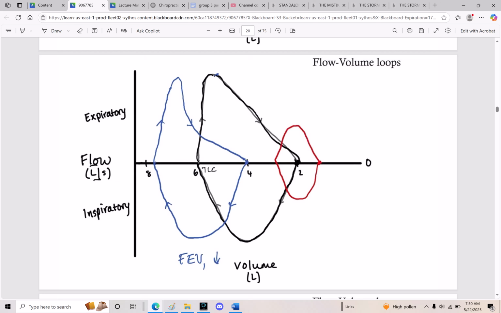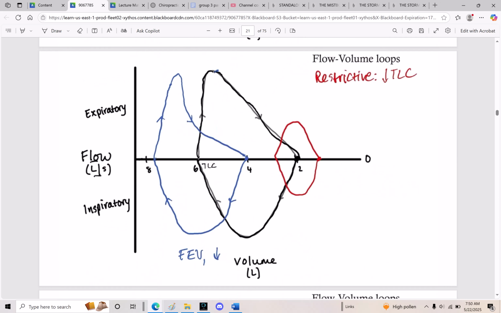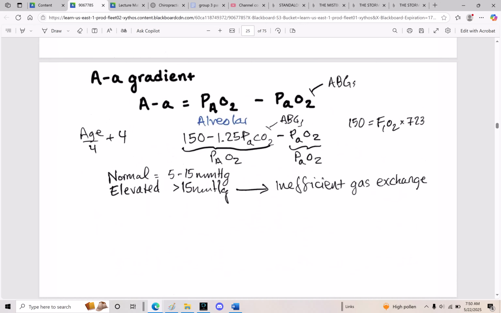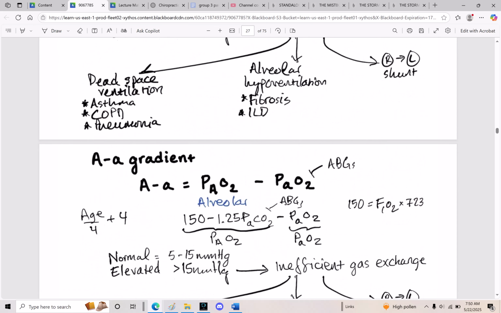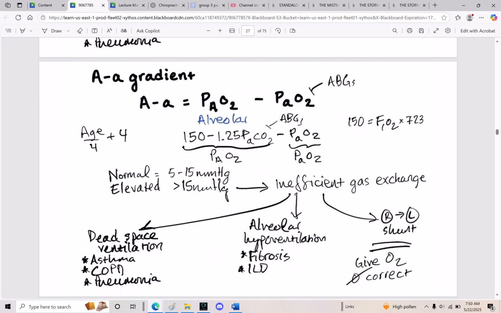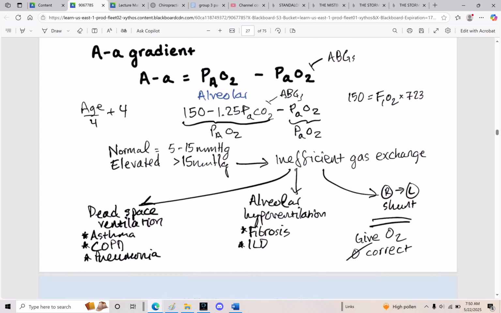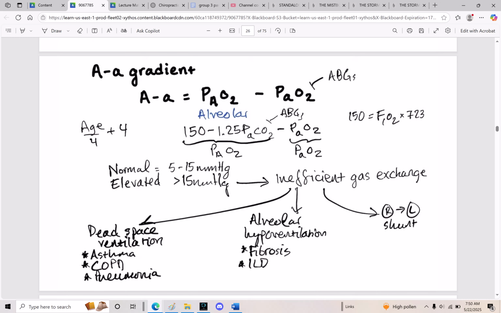Okay? All right? So now, this is what I talked about. Everything in this slide is what we talked about here. When you have a mismatch, so basically you either have dead space ventilation. Basically you are ventilating, but there's no blood coming, so there's air but no blood.